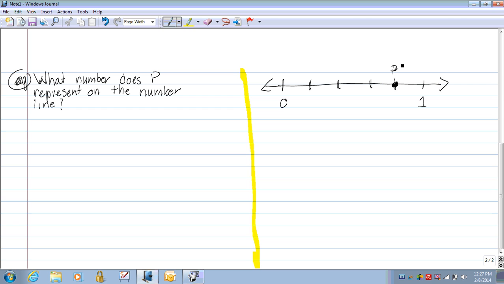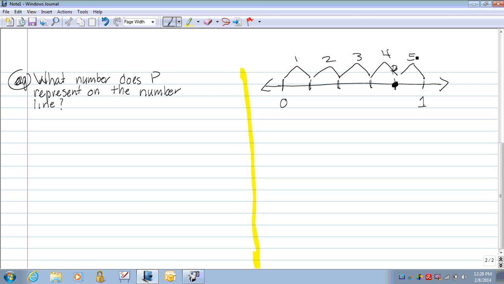So how do we figure what decimal or fraction that represents? This time we're going to write it both ways. The first thing you look at is your whole numbers, 0 and 1. And then you have to determine how many equal parts that number line is divided into. Well, let's count. There's 1, 2, 3, 4, 5 equal parts.